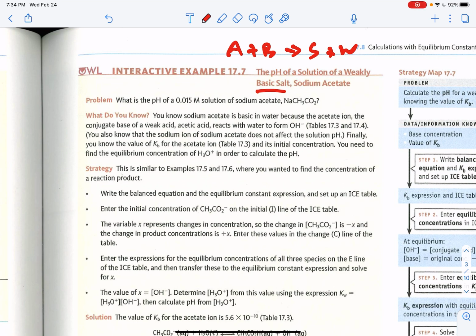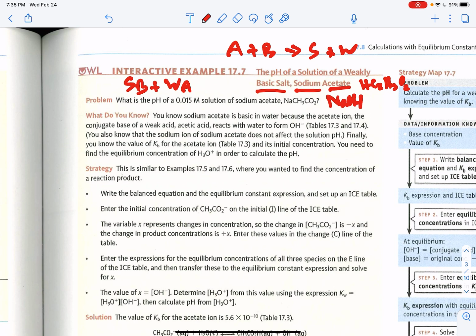And this is a basic salt because you would recognize that sodium theoretically could come from the strong base, sodium hydroxide. And acetate could come from the weak acid, acetic acid. So if you have a strong base plus a weak acid, you expect the pH to be greater than 7.